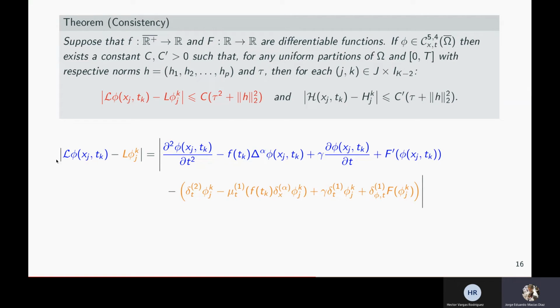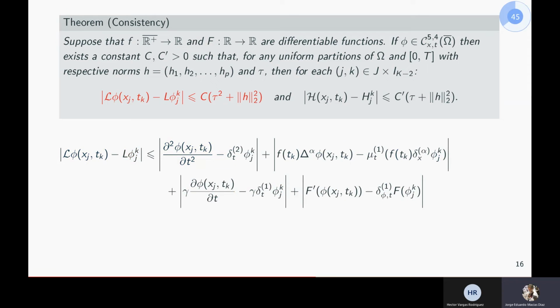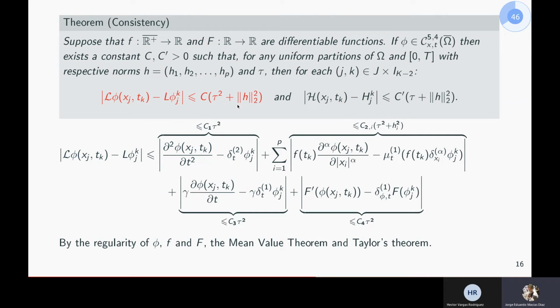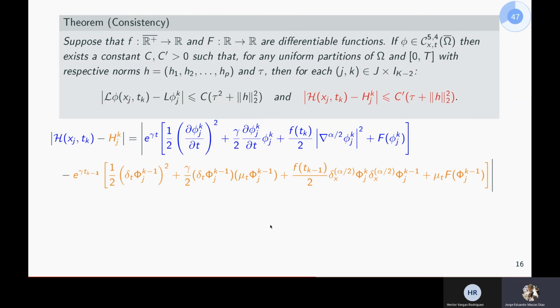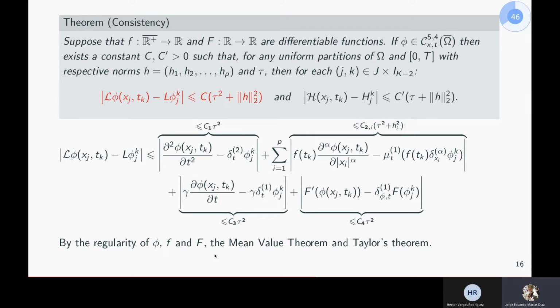The way to do that is by using the triangle inequality. We first do a substitution, then we use the triangle inequality, then we use smoothness of the solution phi. We bound all of these terms conveniently, and finally we obtain, using the mean value theorem and Taylor's theorem, that this bound is satisfied.